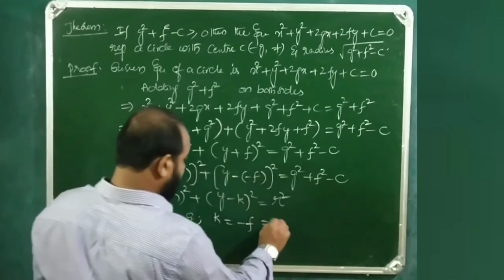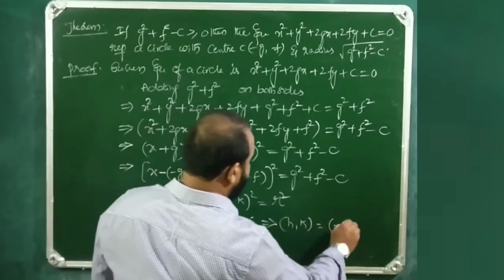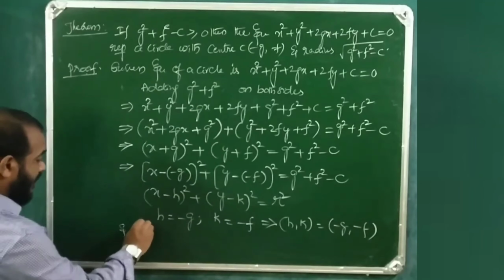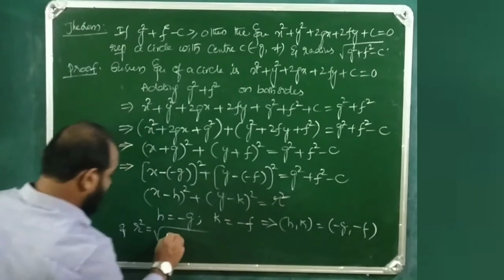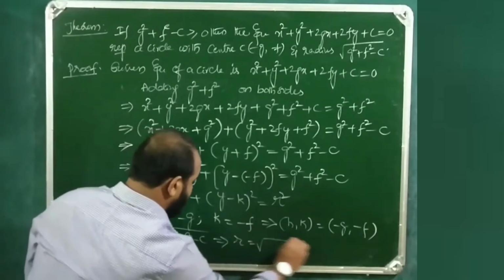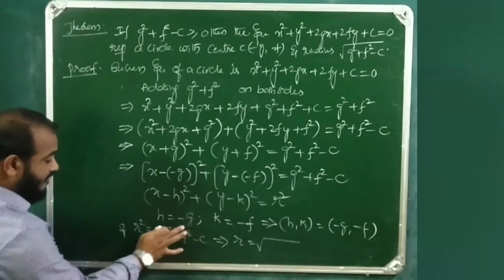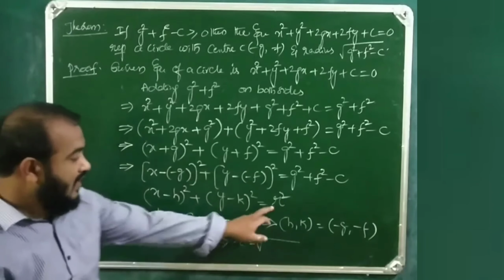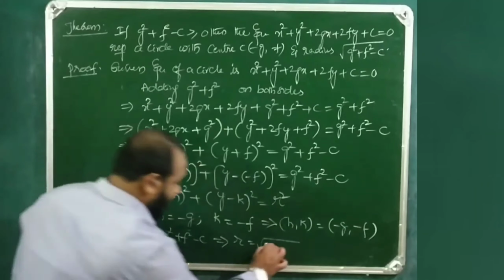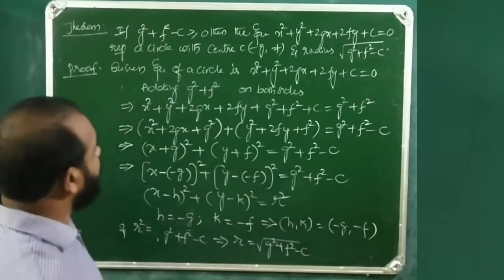So h, k is minus g, minus f, and r square equals g square plus f square minus c. So r equals square root of g square plus f square minus c. So that's what we needed to prove.